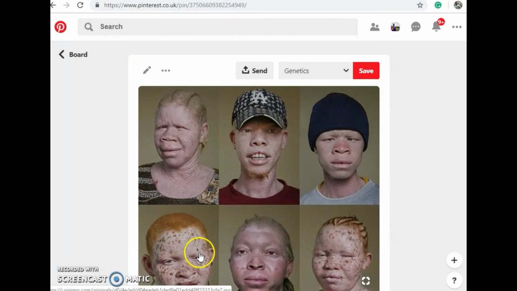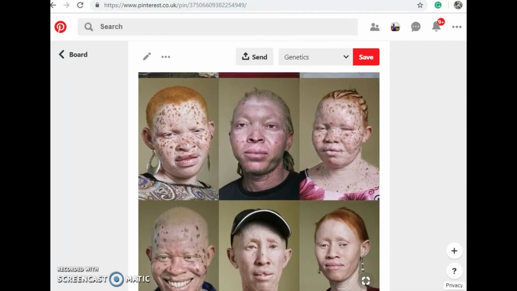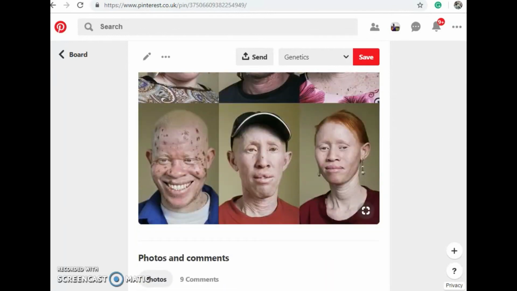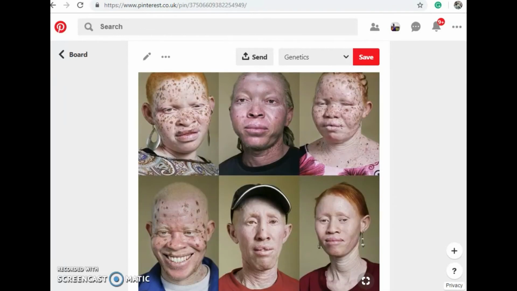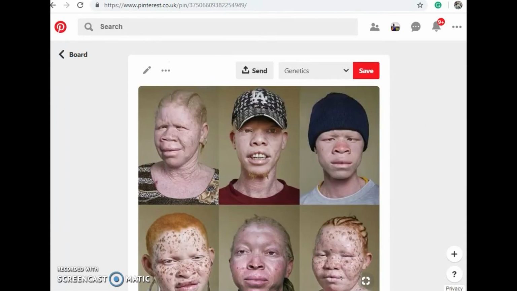As you can see here, these are some people that have albinism, but there's some skin damage, and this is definitely caused by a lot of sun exposure because there's no protection on the skin. So you've got melanoma, which these are called. But yeah, that's basically why.